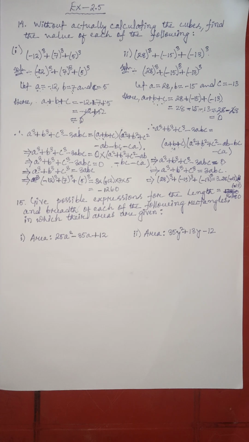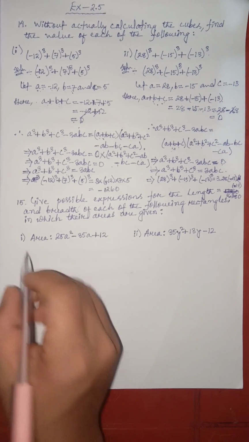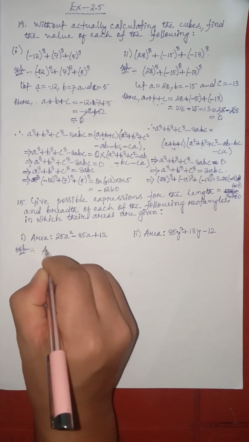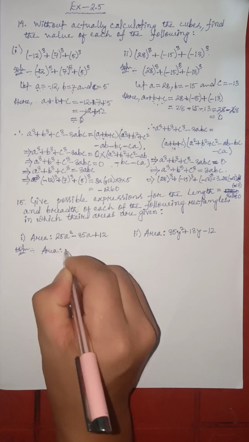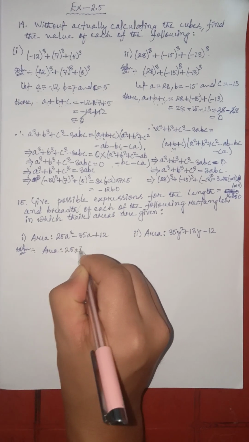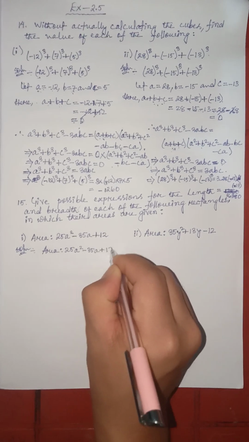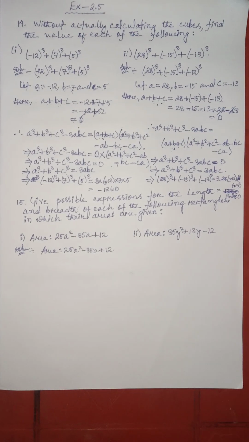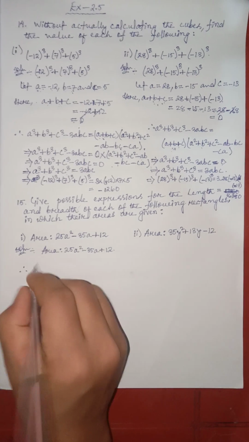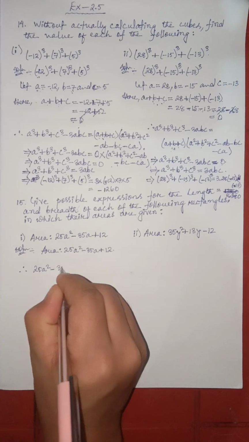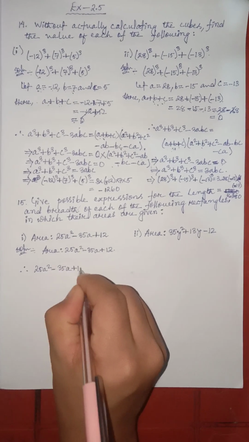Now without delaying much time, even here let us start with the first Roman numeral. First let us write it the same as the question that we have. It will be 25a square minus 35a plus 12.